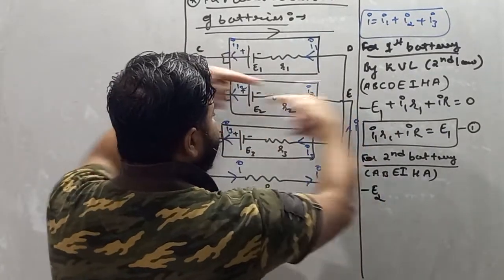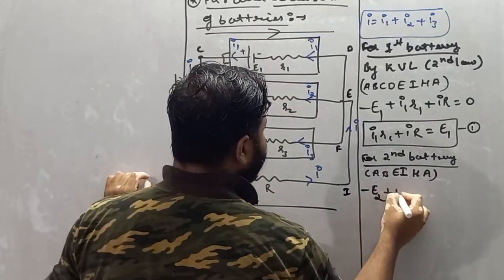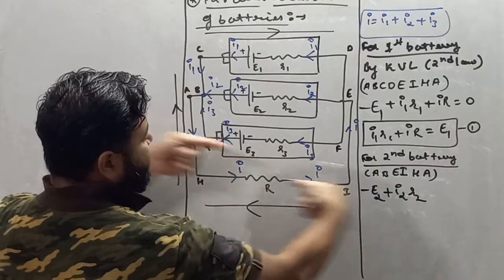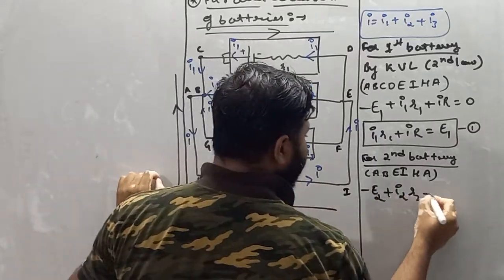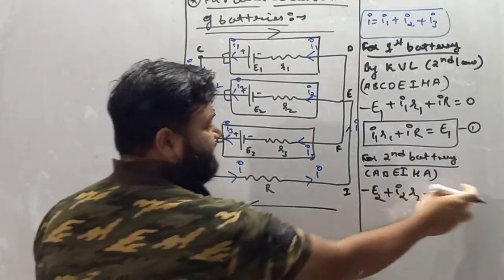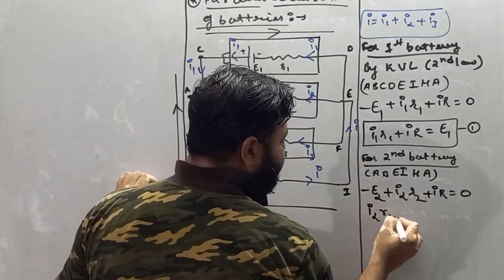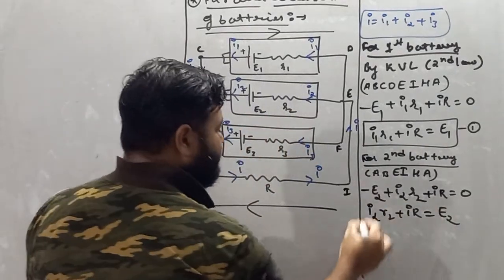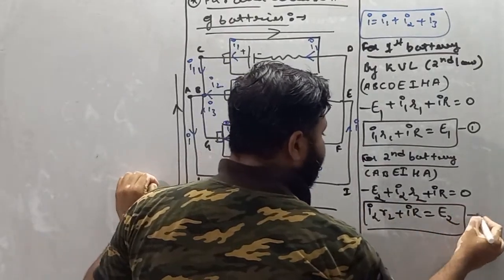My direction and current direction is opposite, so I'll write plus I2 R2. Now moving, my direction and current direction again is opposite, so I'll write plus IR and it is equal to 0. Take the negative to this side. So I2 R2 plus IR is equal to, dear student, E2. This is our equation number second.